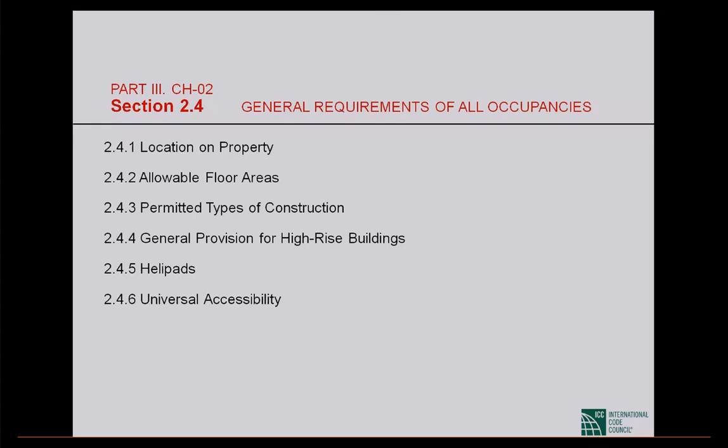So generally, part 3 is for occupancy classification and construction classification. Part 4 is for fire safety. Part 5 is for building materials. Part 6 for structure. Part 7 for safety of construction. And part 8 deals with fuel, gas supply, and so on.